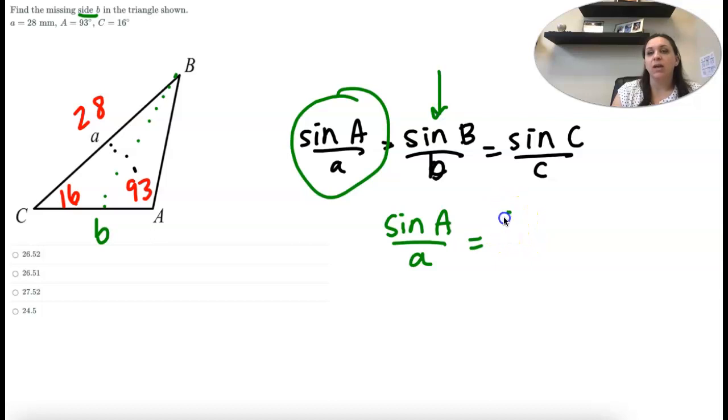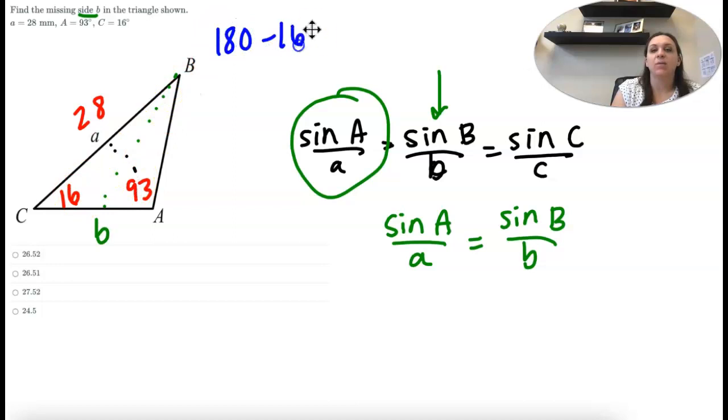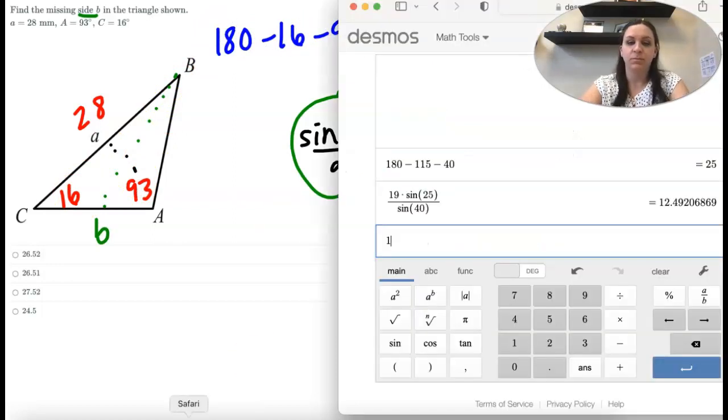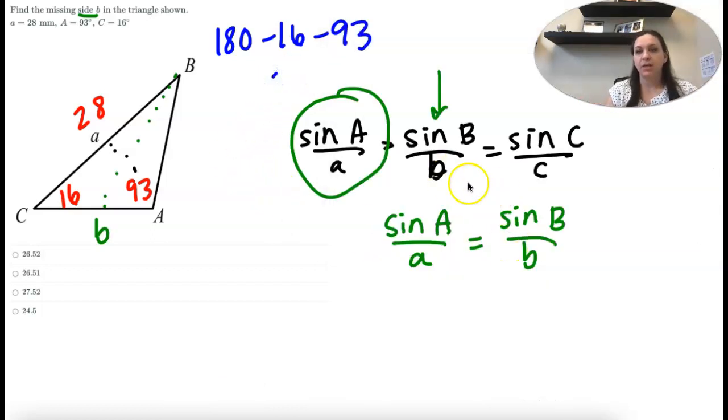But do we know angle B? No, but can we get it? Yes. Okay, all these angles add to 180. So I'm going to take 180 minus 16 minus 93. Get 71.